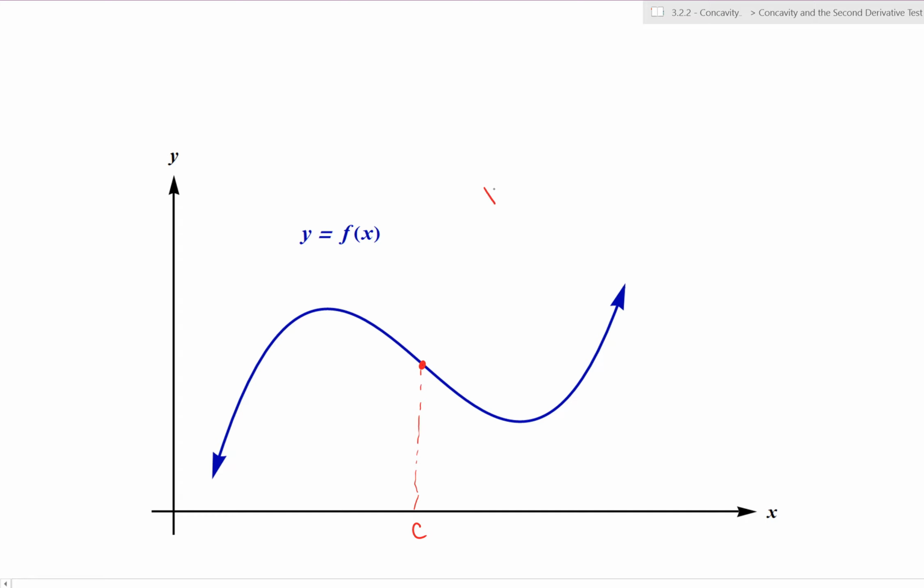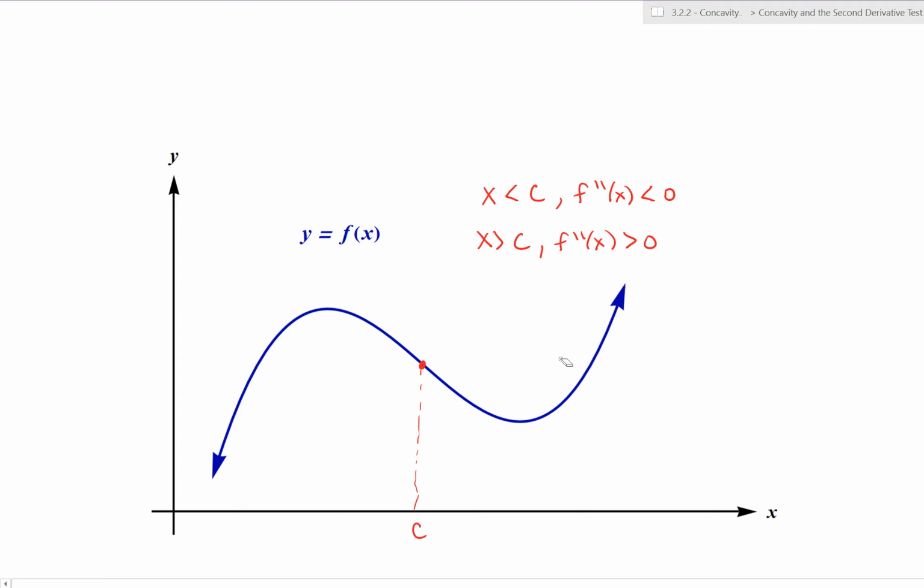Then for x values less than c, notice that the second derivative here must be negative. Why is that? Because along this part, we're concave down. And to the right of c, where x is larger than c, the second derivative must be positive because the function is concave up, like we just established.